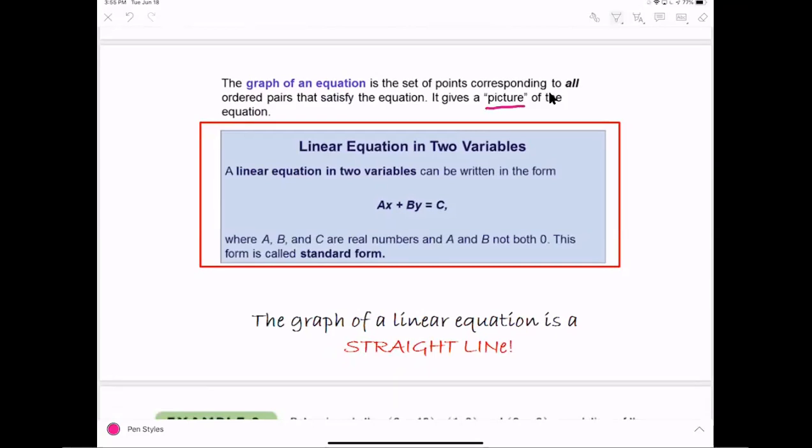The standard form of a linear equation looks like this: ax + by = c, where a, b, and c are real numbers. That means we can substitute any number in the place of a, b, or c to form an equation. And it's linear because if you look at your x and your y, notice the exponent is an understood 1.